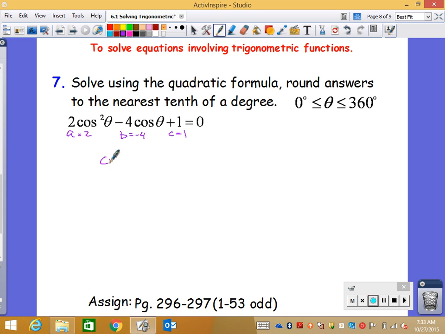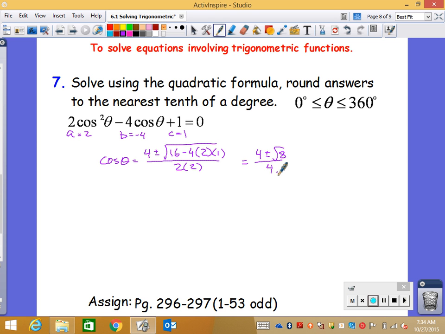So here I get that cosine of theta is equal to negative b, so a positive 4, plus or minus the square root, b squared, 16, minus 4ac. A is 2, c is 1, divided by 2 times a, 2 times 2. That happens when we simplify this down. We get 4 plus or minus the square root of 8 all over 4.